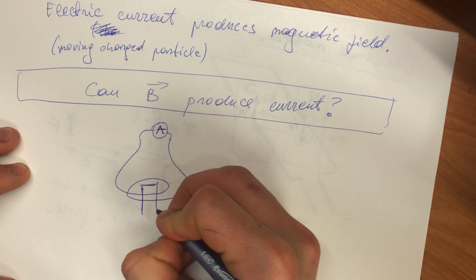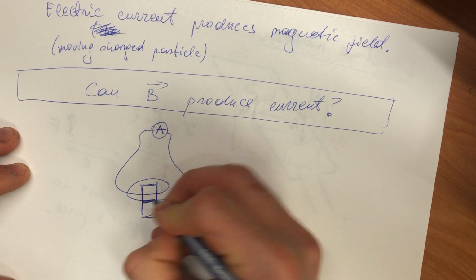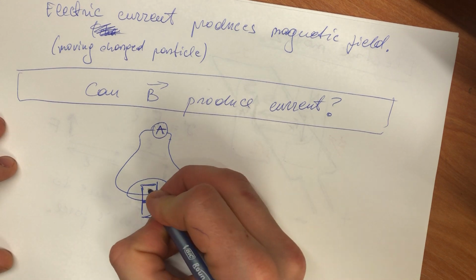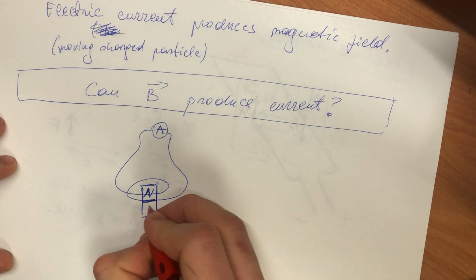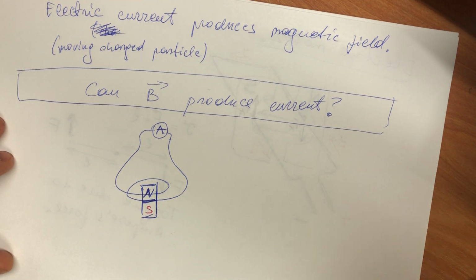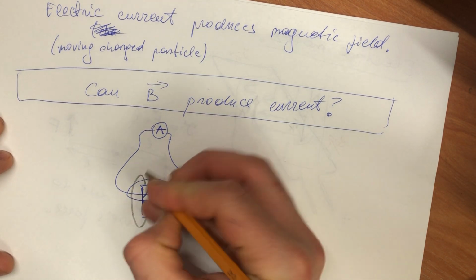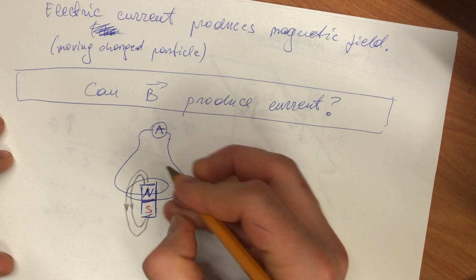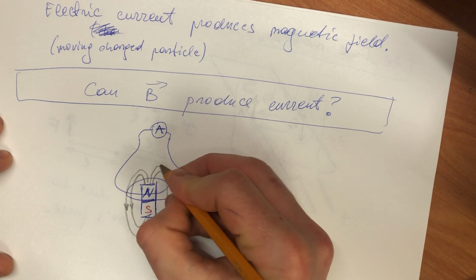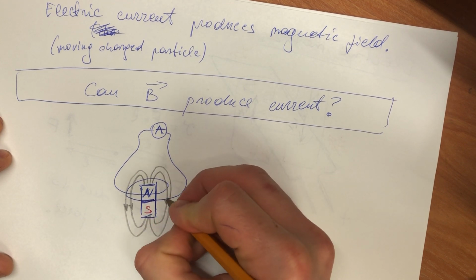He had a bar magnet. A bar magnet has one N pole and a south pole. So the lines go from N to S. I'm showing this in different colors so that the loop wouldn't disappear.